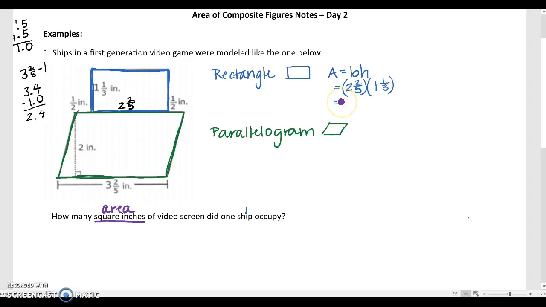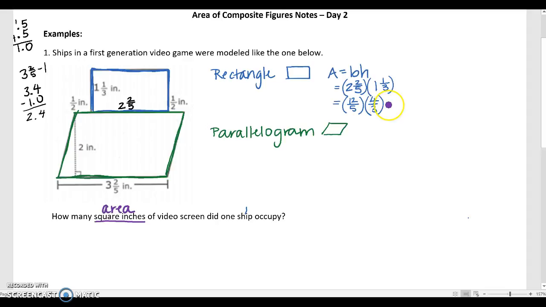But to multiply fractions, I need to go ahead and change it to improper fractions. So I'm going to do, Texas. So 2 times 5 is 10. 10 plus 2 is 12. So I have 12 and I keep my denominator, 12 over 5, times 1 times 3 is 3. 3 plus 1 is 4. So 4 over 3.